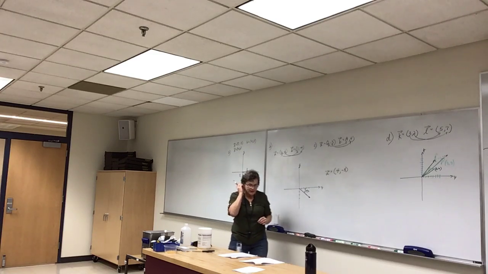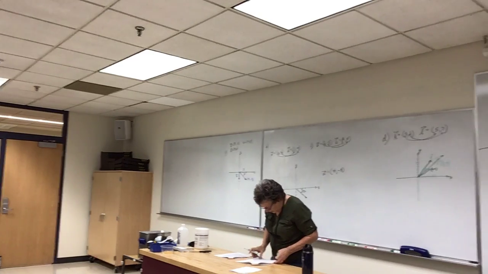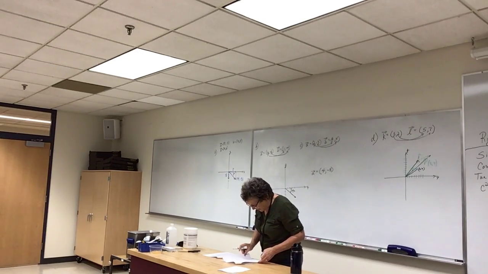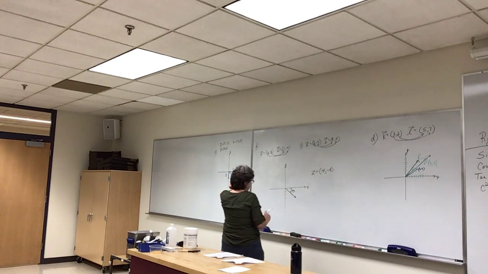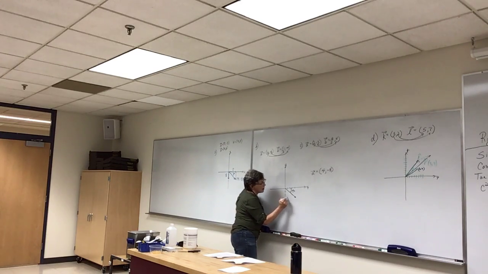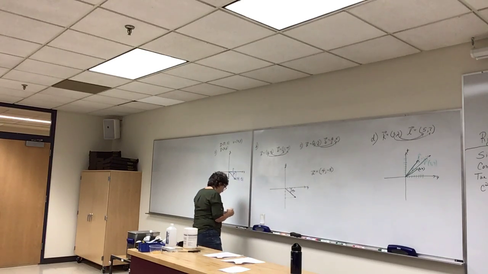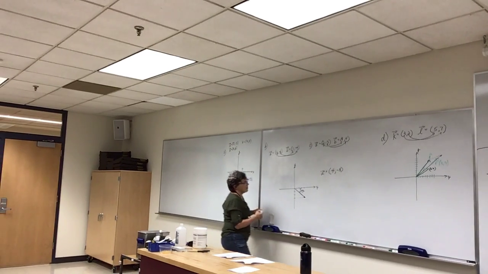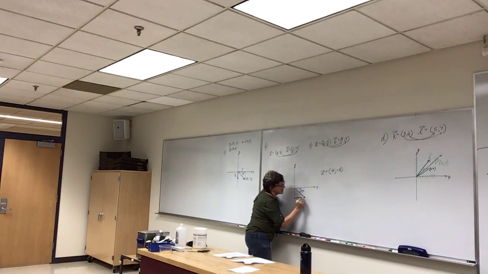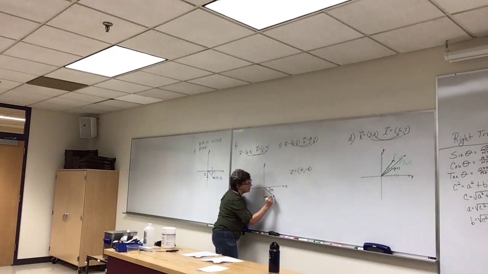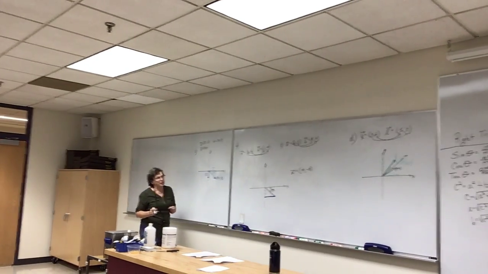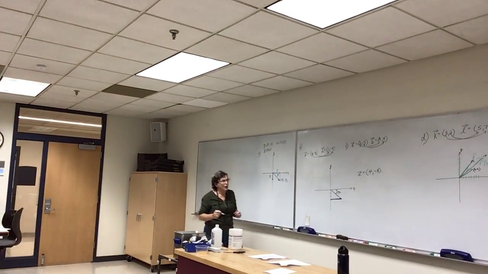Now, if we're to look at this and use our trig functions, we know this right here. I'm going to use a different color. What's the distance here? What's that distance in blue? How do you know it's 4?